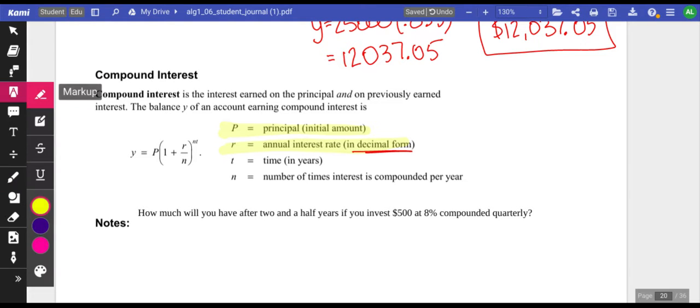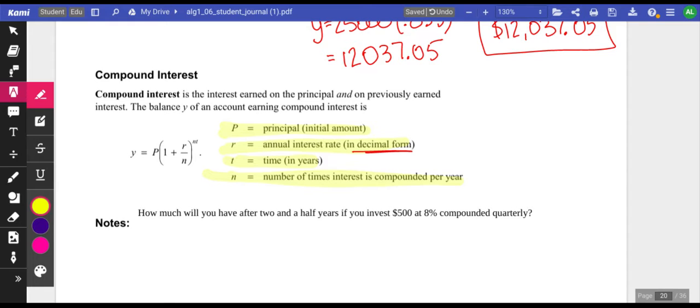Right, our time: how many years we're going for. And then n, this is kind of the new aspect of this. n is the number of times it's compounded per year. Like I was talking about before, my example where it's compounding every month, that would be 12 times a year.